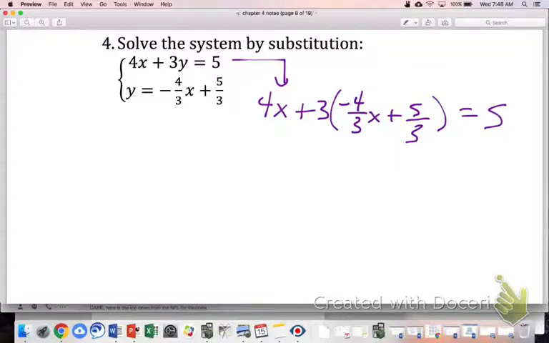All right, so often with substitution, the distributive property is a thing. Do you see how the distributive property is a thing here? So we are going to multiply the 3 times both terms on the inside. So 4x plus, what do you guys think is going to work out when I multiply this 3 times the negative 4/3 x?